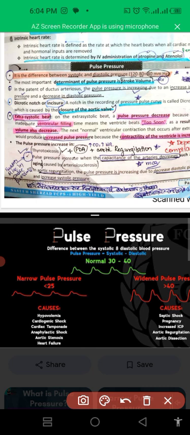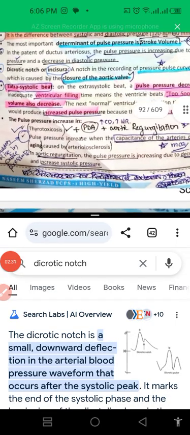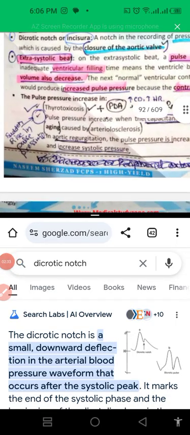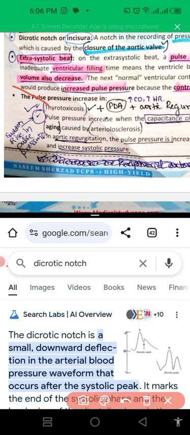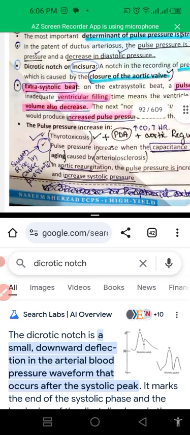So, pulse pressure is the difference between systolic and diastolic pressure. Now, here we can see that pulse pressure increases in conditions like thyrotoxicosis or palpitation, or any condition which increases stroke volume. Pulse pressure also increases when capacitance of the arteries decreases. Arteriosclerosis and aging can also cause an increase in pulse pressure.